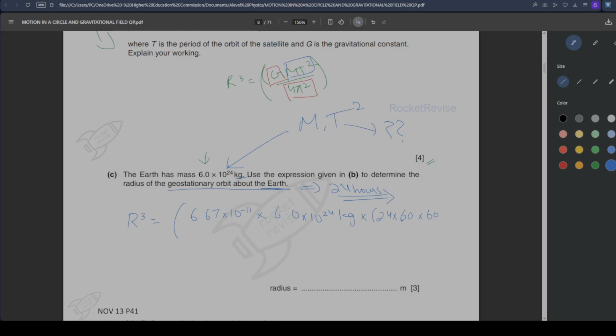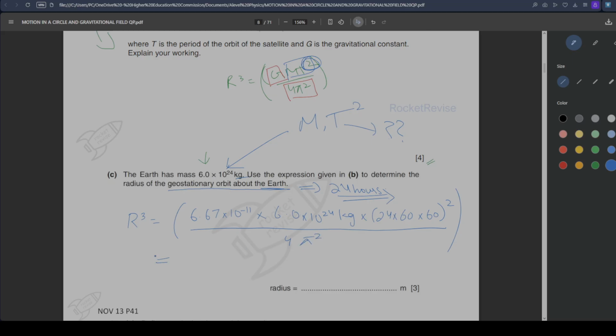So it's 24 times 60 minutes times 60 seconds. That's going to convert your value for hours into seconds. And उसके बाद again, you're gonna make sure you don't forget the squares. Divide all of this by 4 pi squared.